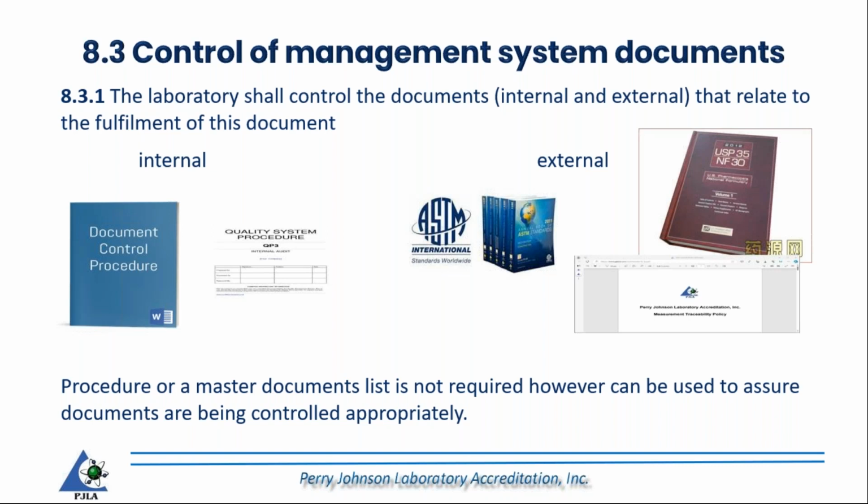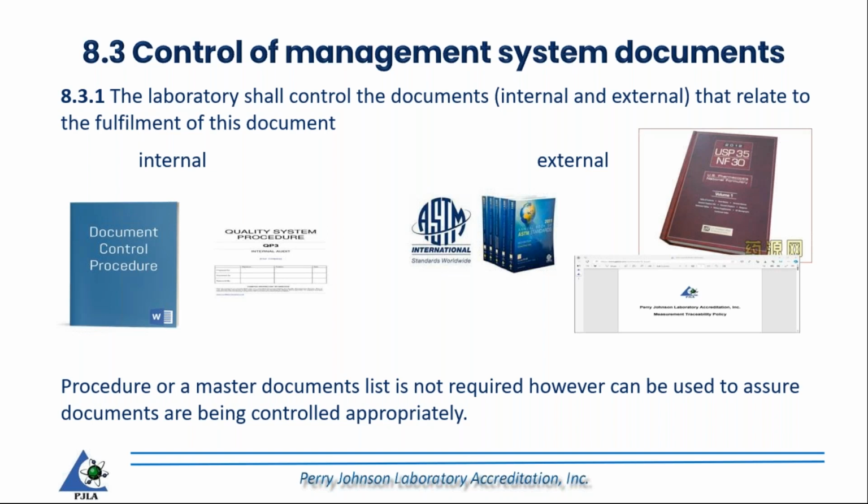If you're accredited with Perry Johnson Laboratory Accreditation, as you know, we have policy documents PL123, PL4, SOP3. These are considered external documents that you need to be compliant with, and you need to assure they're being controlled and that you can demonstrate that you have access to the current revision levels at all applicable places of use.